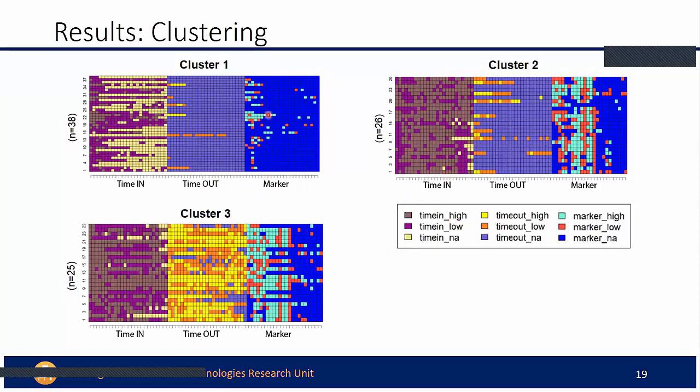From here we can say that in cluster 1, these students are mostly inactive during the class, also out of the class, and in terms of marker count. In cluster 2, these students are active during the class. They are also active in terms of marker counts, but out of the class, they don't have much activity. On the other hand, in the third cluster, these students are mostly active in the class, out of the class, and in terms of marker count.